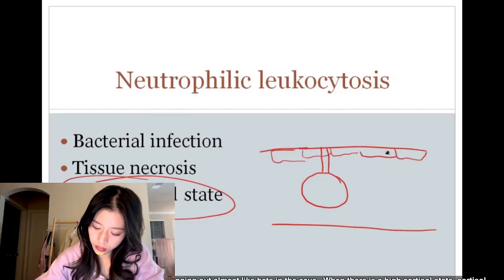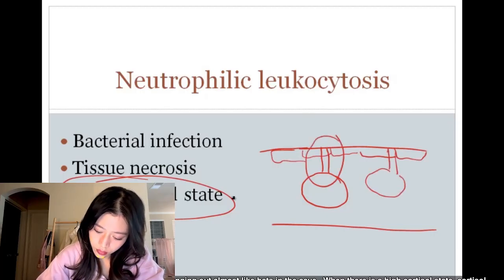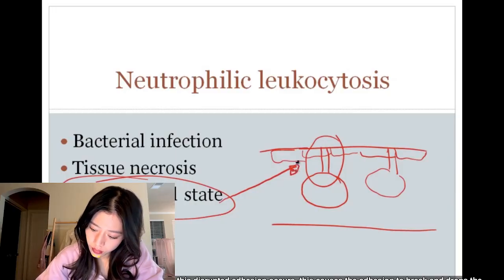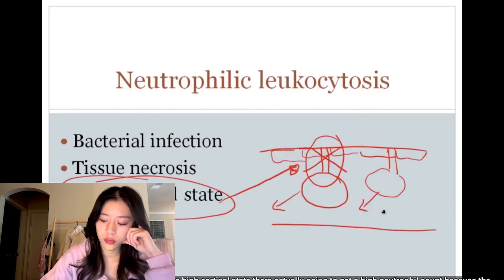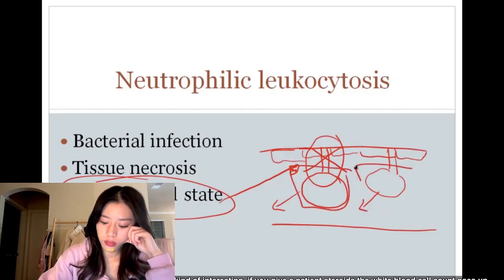So these neutrophils are sort of hanging out, almost like bats in a cave. When there is a high cortisol state, cortisol disrupts the ability for adhesion to occur. And when this disrupted adhesion occurs, this causes the adhesion to break and drops the neutrophils into the blood. And so patients who have a high cortisol state are actually going to get a high neutrophil count because the marginated pool is going to fall into the blood.